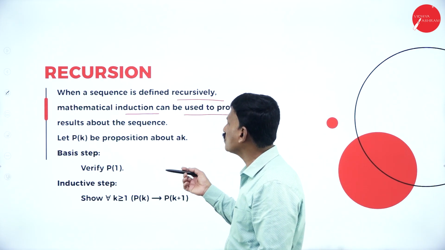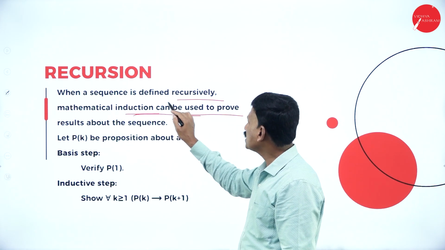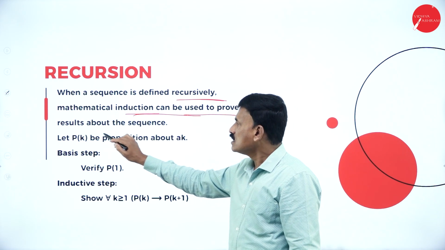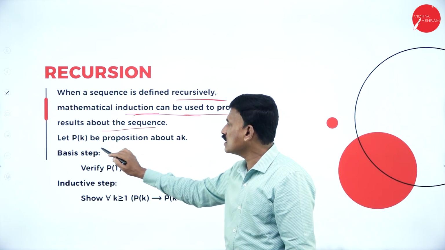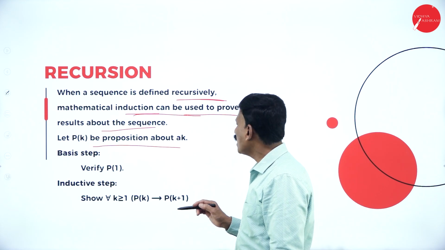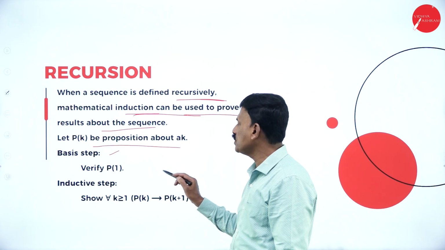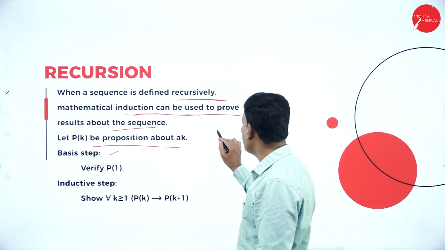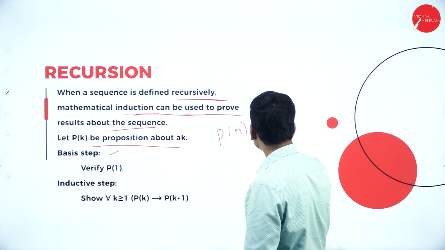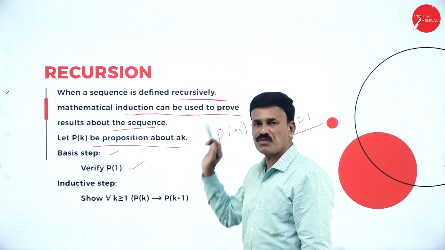The same procedure is used here. Let P(k) be the proposition about A(k). The basic step is verifying that P(1) is true, that is, verifying P(n) for n is equal to 1.